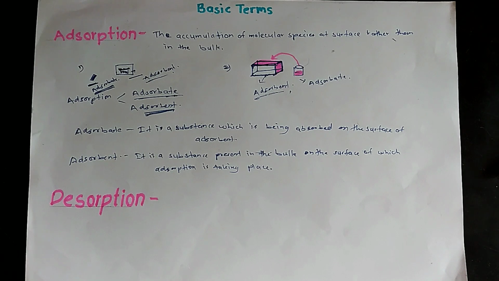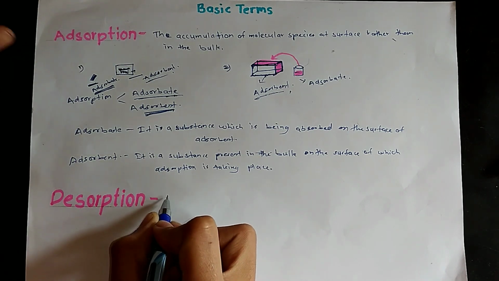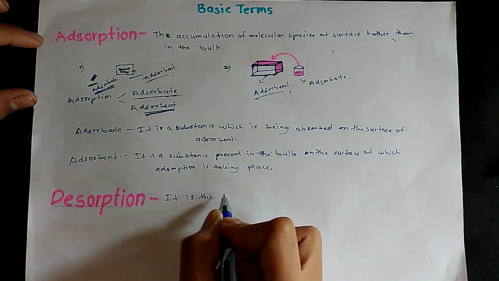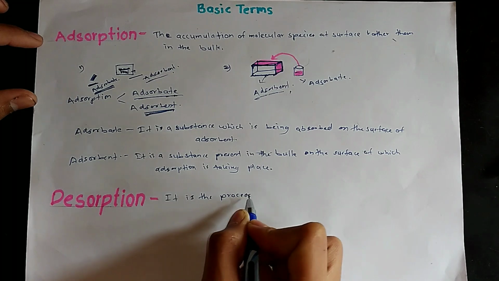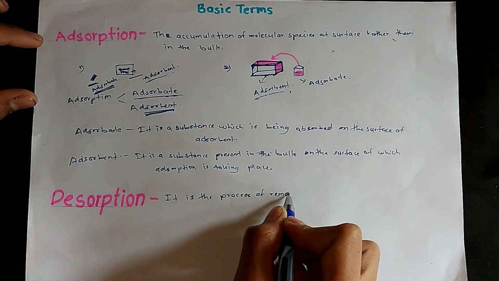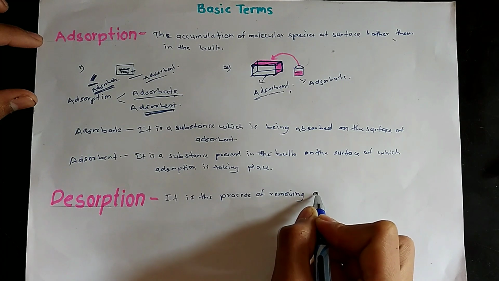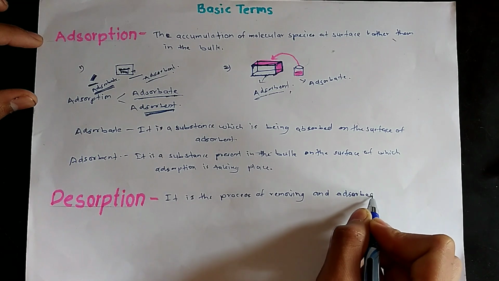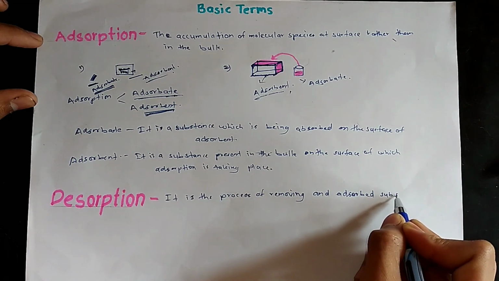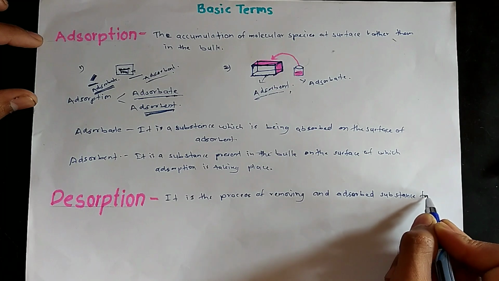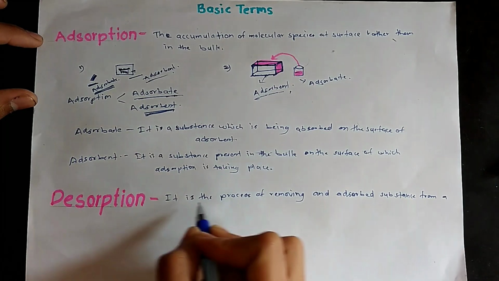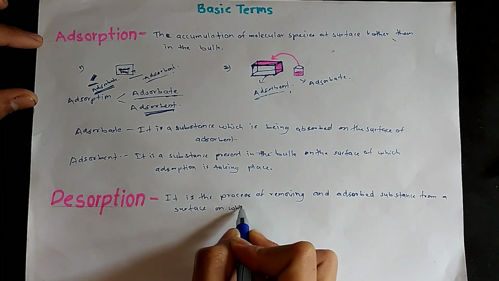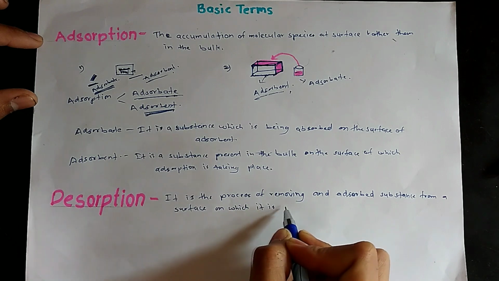The second term is desorption. It is the process of removing an adsorbed substance from a surface on which it is adsorbed.